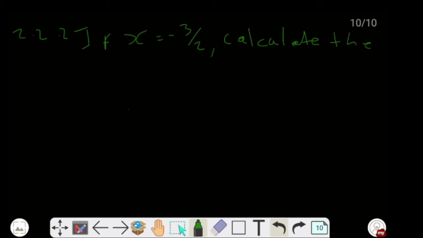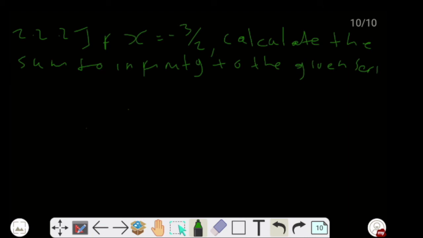It says, 2.2.2. It says if x equals negative 3 over 2, calculate the sum to infinity to the given series, right?